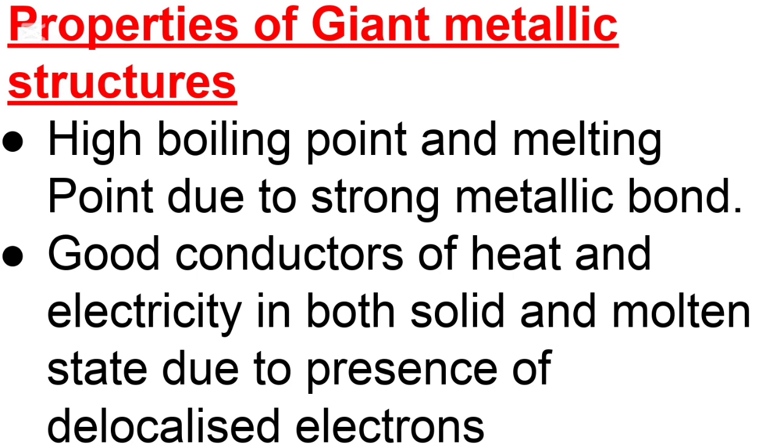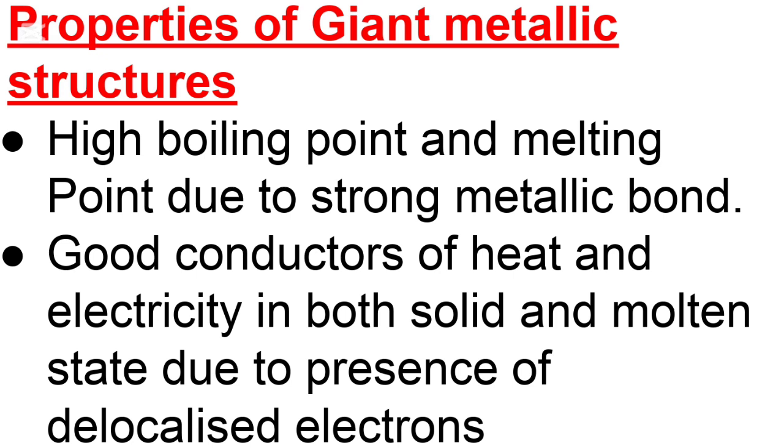One of the properties of giant metallic structures is that they have high boiling and melting points due to strong metallic bonds. It's very hard to melt a metal. You require a lot of heat, not normal heat, maybe heat from a furnace or something. The reason is that the metallic bond is a very strong bond.